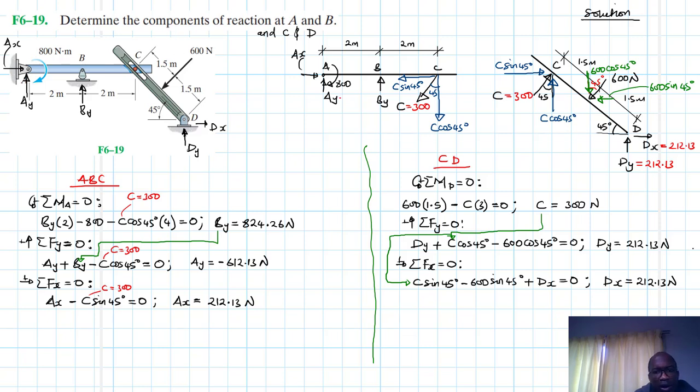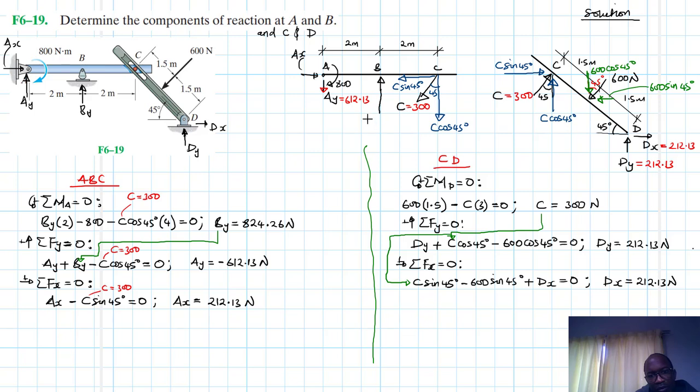So let's replace these values. We have AY equal to 612.13. The sign changes here. AY is negative, so the sign changes. By, let's elongate it a little bit.